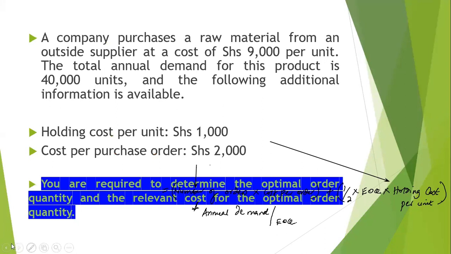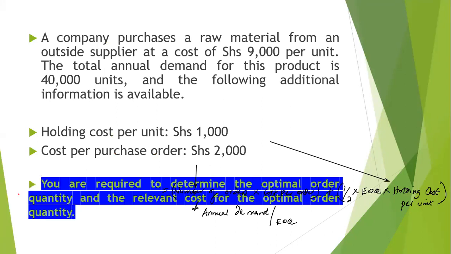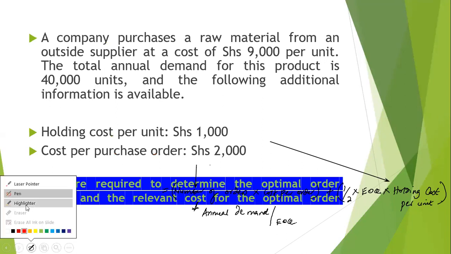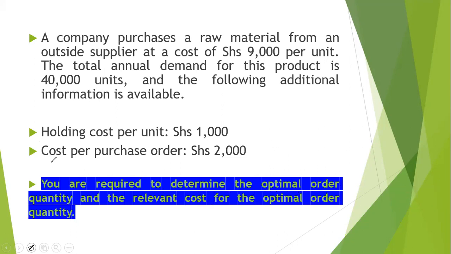We have an illustration here, which I'm going to use to show you how we can come up with the EOQ, as well as how we can come up with the total relevant cost of inventories.